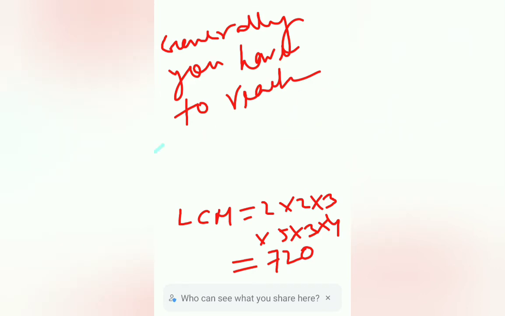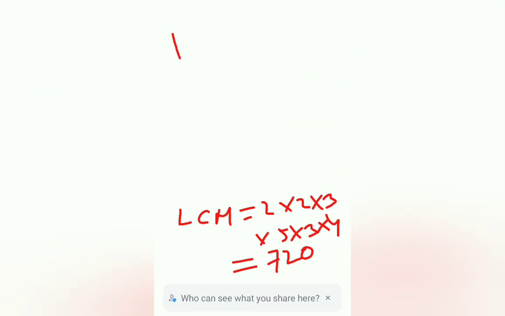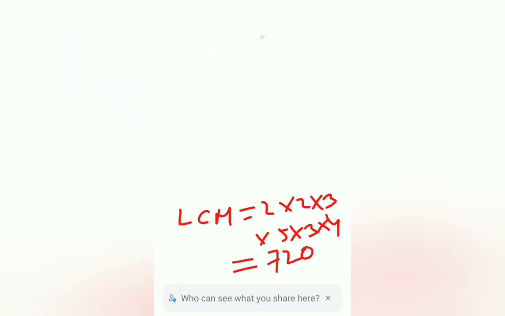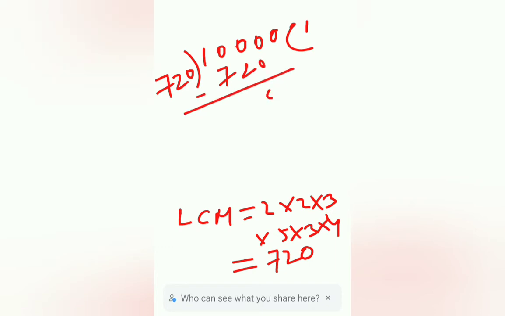Then multiply 720 by something. 10000 is the smallest 5 digit number. Divide it by 720 and you will have a quotient like 13 and keep a remainder 640.